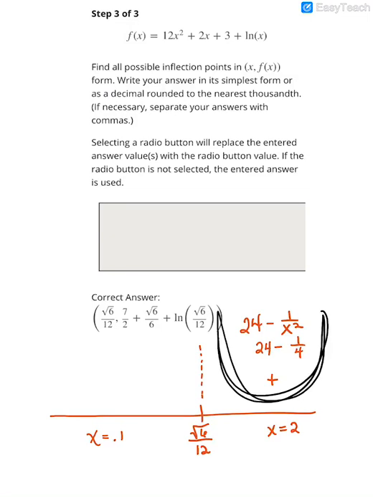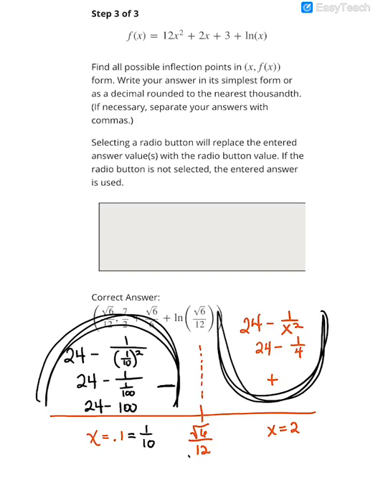And then when I plug in my 0.1, which you can think of as the fraction 1/10, you're going to get 24 minus 1 over 1/10 squared, which you can do on your calculator. So 1/10 squared would be 1 over 100, and when you have 1 divided by 1 over 100, that just becomes 100 over 1. So the key is it's a negative number. That tells me I'd be concave down. So definitely this is a point of inflection. That would be your x-coordinate, square root of 6 over 12.